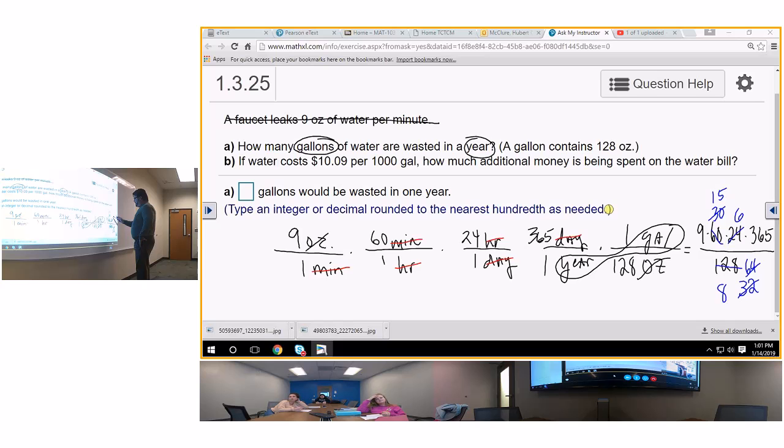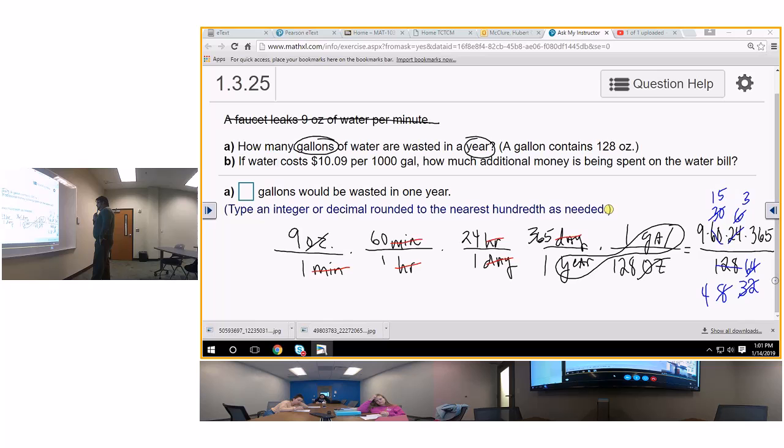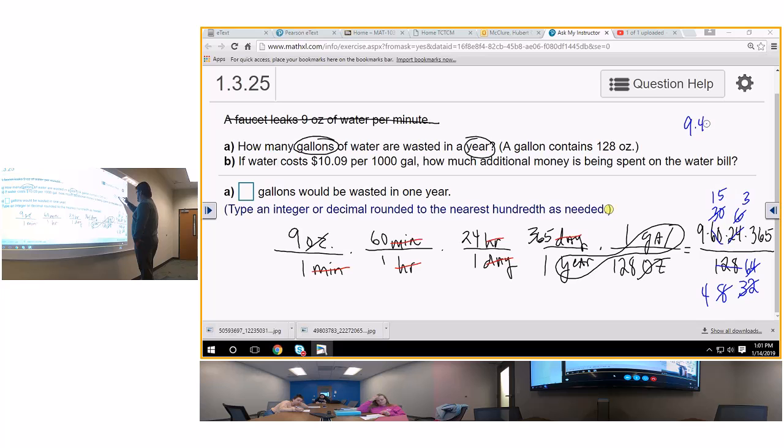And then I know I can do 2 more. So that's 8, that's 4, and that's 3. I can't divide anymore by 4, so I think I'm done. So I'm going to get 15 times 3 is 45. So 9 times 45 times 365 over 4.